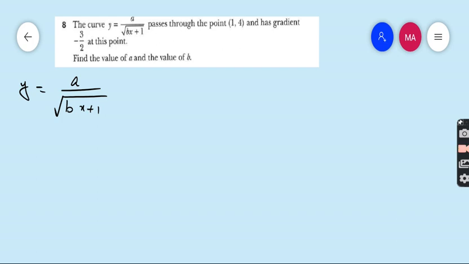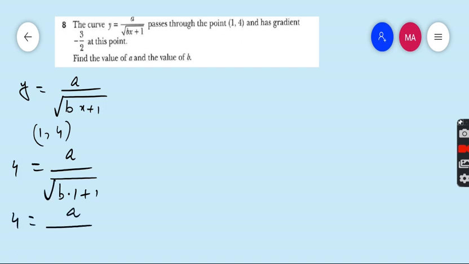Find the value of a and the value of b. First we have to satisfy this equation by 1 comma 4. So y is 4, equals a upon b into x is 1, plus 1 root. So 4 is equal to a upon root of b plus 1.